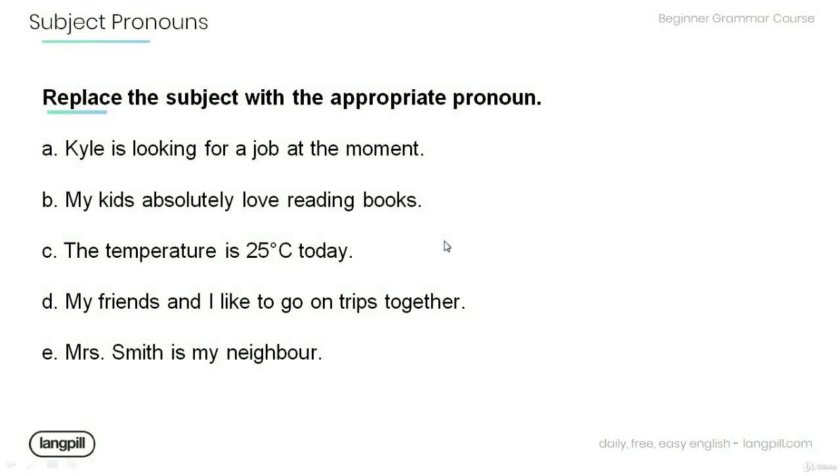Now it's time for you to practice on your own. Read the following sentences and replace the subject with the appropriate pronoun. A. Kylie is looking for a job at the moment. B. My kids absolutely love reading books.